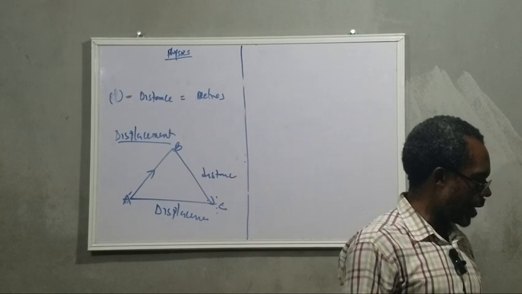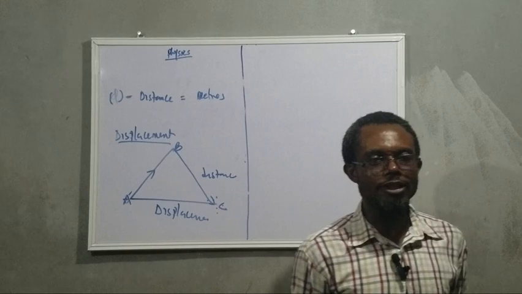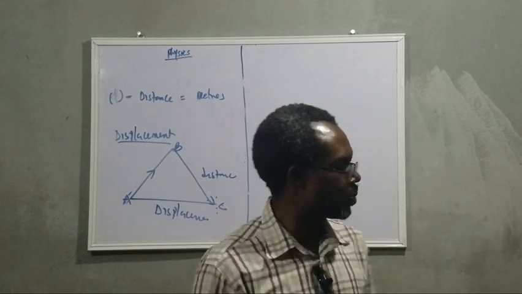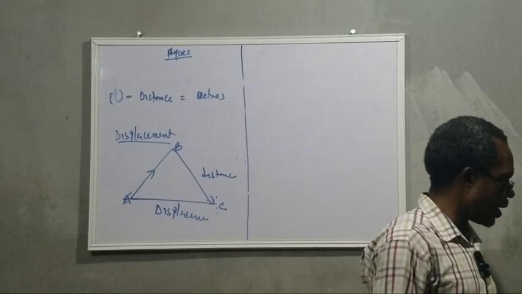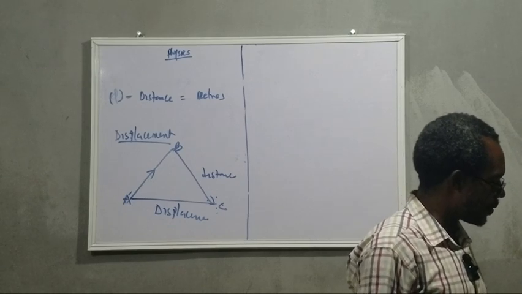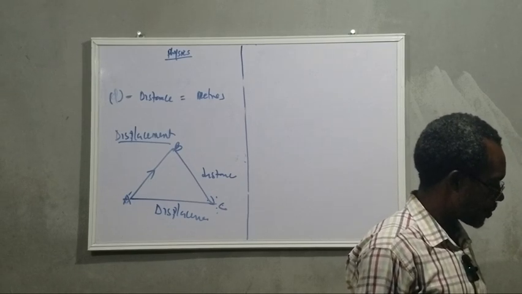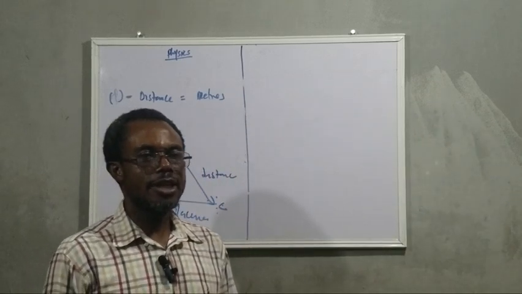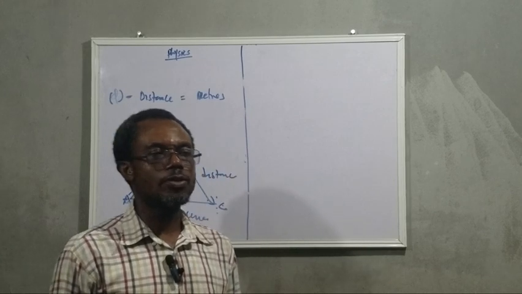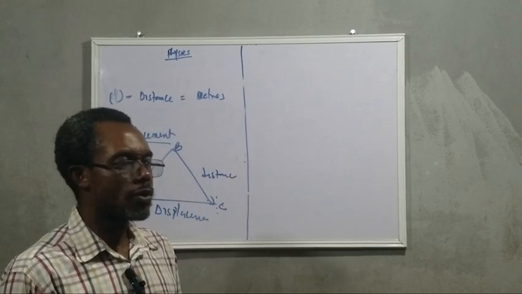They ask which pair gives a negative displacement. Remember we say when there is a displacement, to the right will give us a positive value, to the left will give us a negative value. Now, I said that distance is a scalar quantity while displacement is a vector quantity.